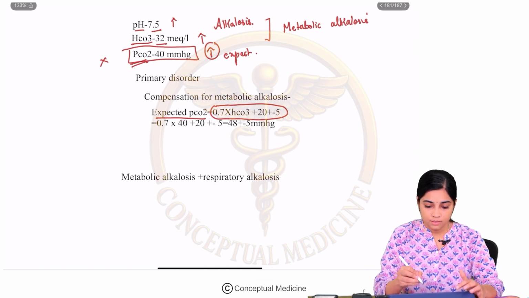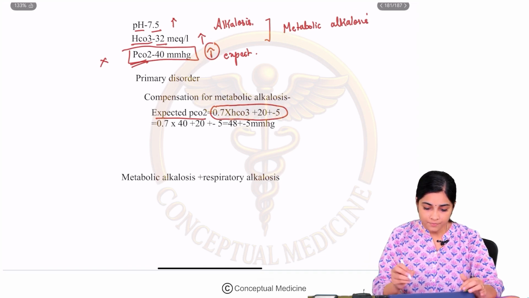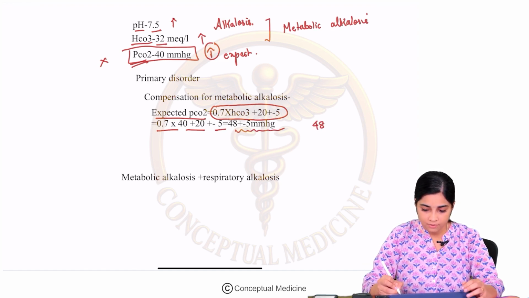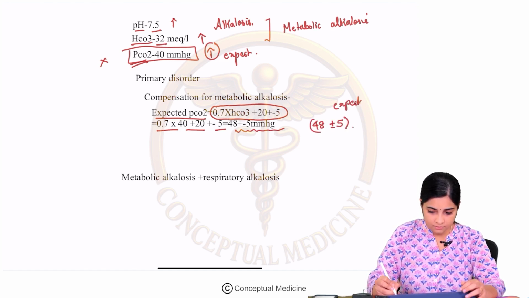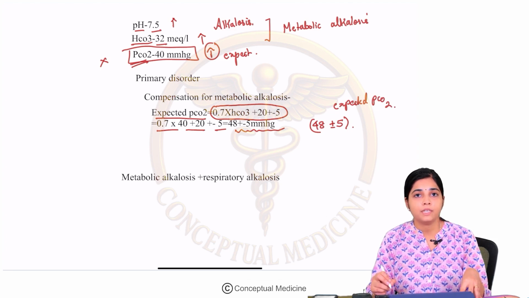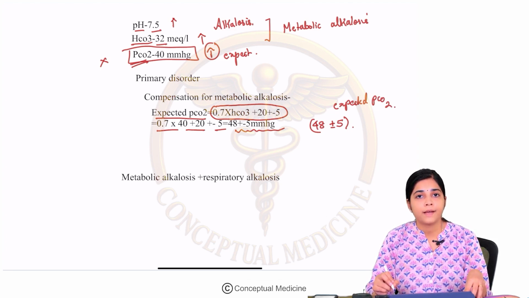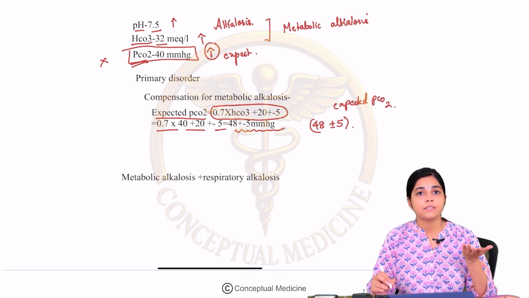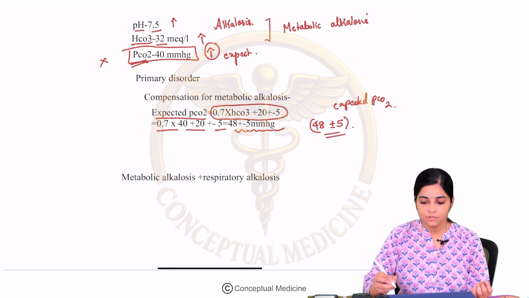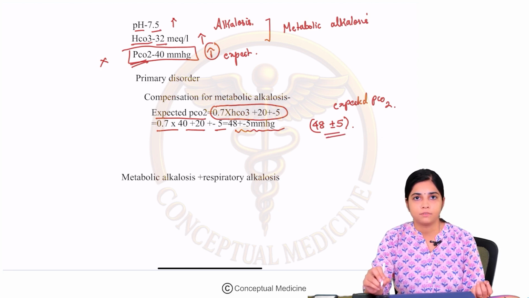You substitute your bicarb: 0.7 into 40 plus 20 plus or minus 5. So this is 48 plus or minus 5, your expected PaCO₂. That means that because the patient has a primary metabolic alkalosis, the body should have hypoventilated and increased the carbon dioxide concentration up to a range of 48 plus or minus 5.